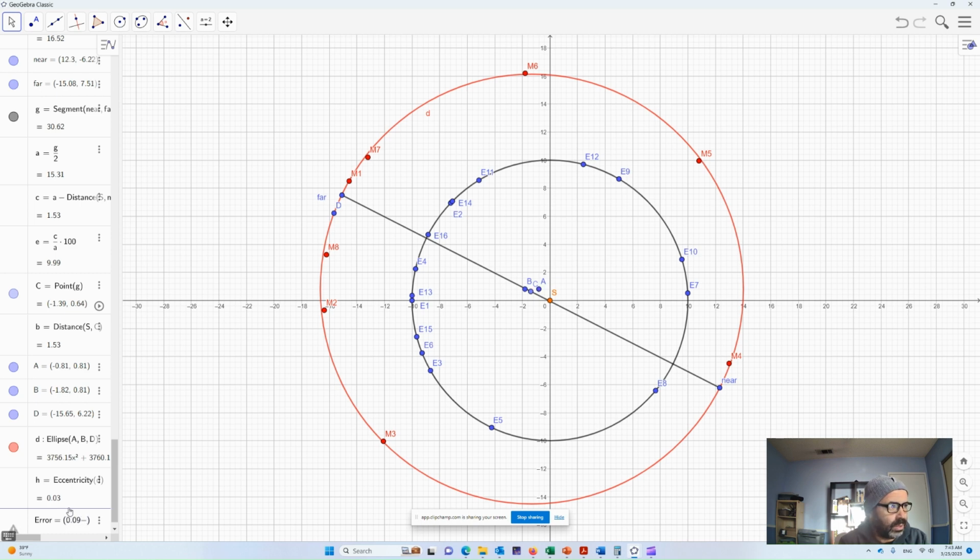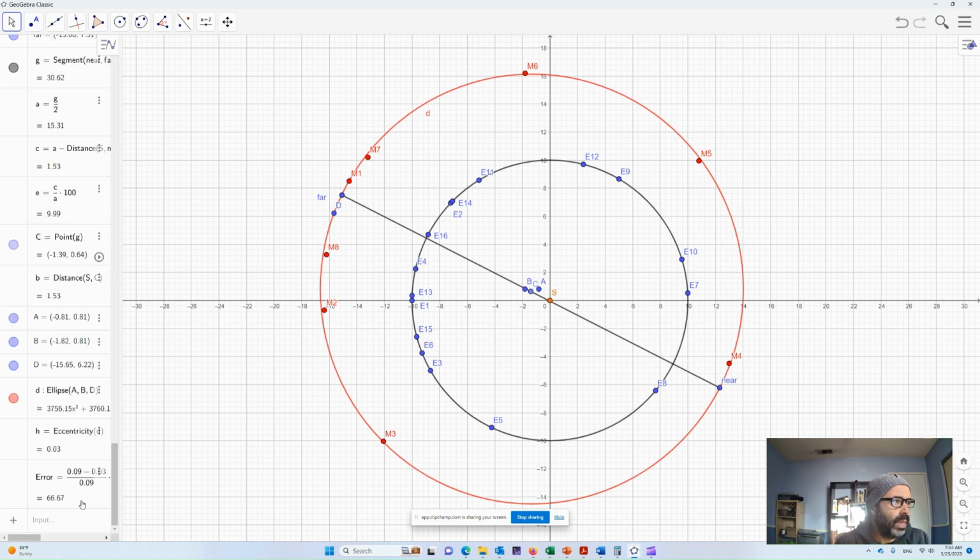I know the difference between the two is 0.06, but I'm going to do it just to show you how you're going to do it manually. Divide that by the known value, which is 0.09, and multiply by 100. I'm doing the calculation right here in GeoGebra. So the error is coming up at 66%.